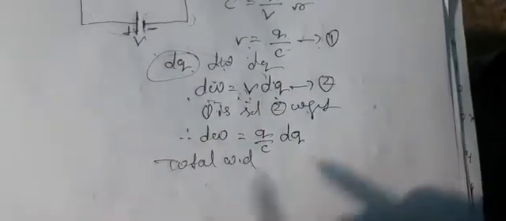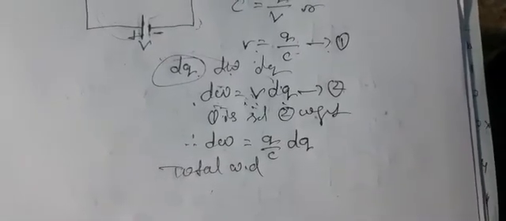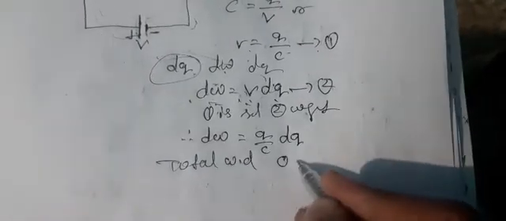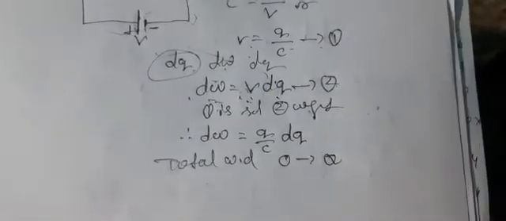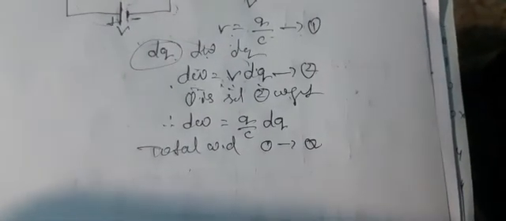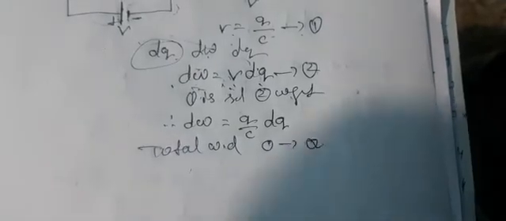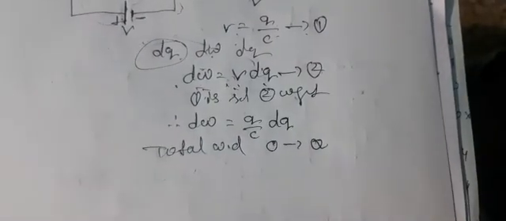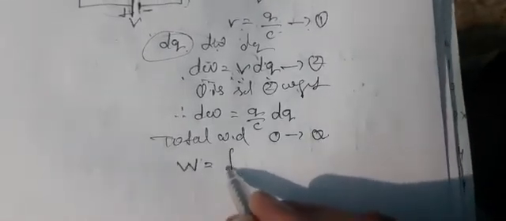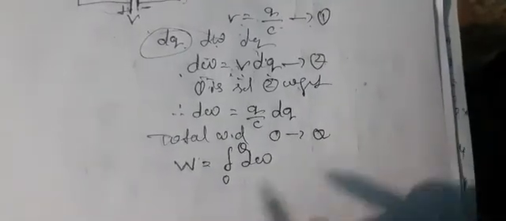The total work done in transferring a charge dq from 0 to capital Q is taken as 0 to Q. The total work done W is equal to the integral from 0 to Q of dW.